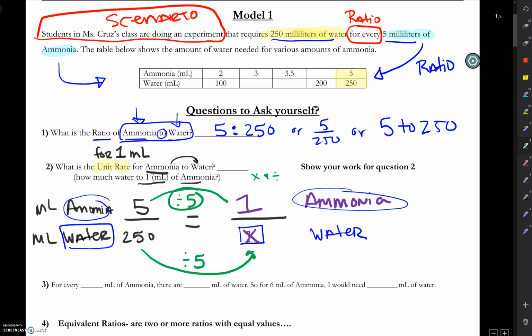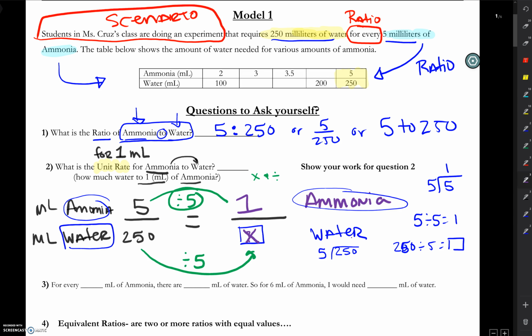And this is a pretty simple one. 5 divided by 5 equals 1. And now I have 250 divided by 5 equals, we don't know. So now I'm going to set it up, 250 over 5, and start dividing.